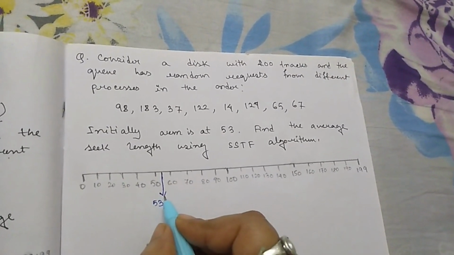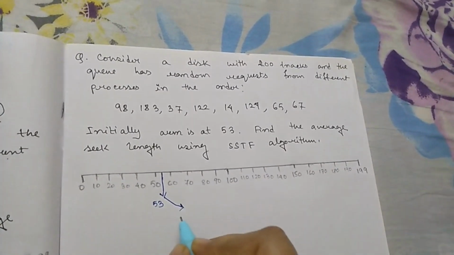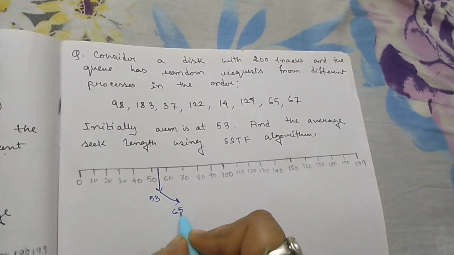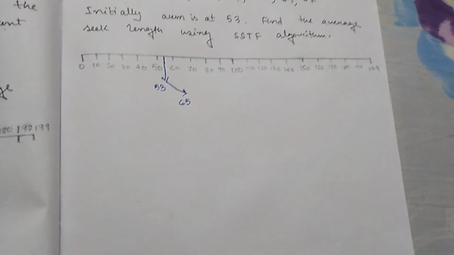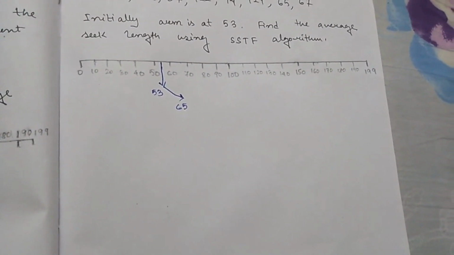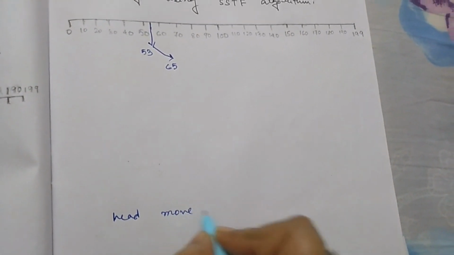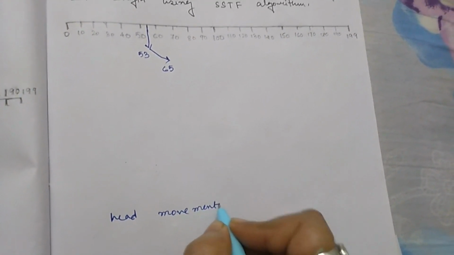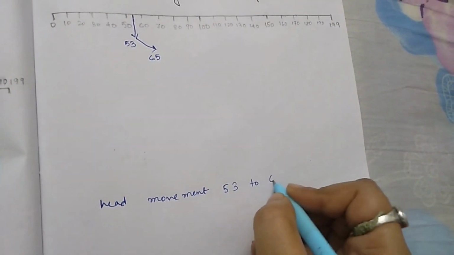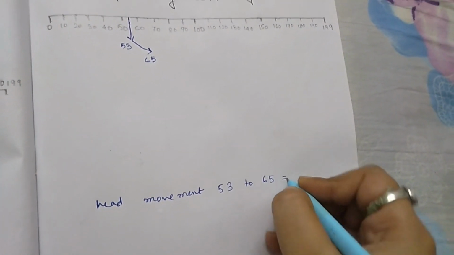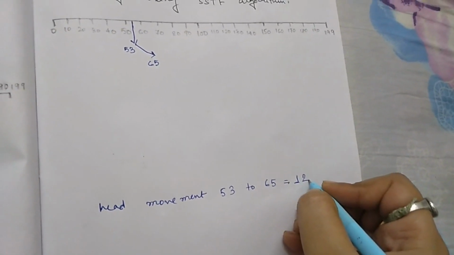So the head movement is from 53 to 65, and we calculate the head movement. The gap is 65 minus 53, which is 12.